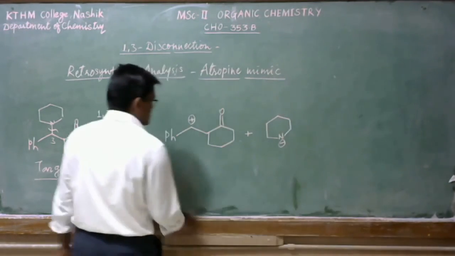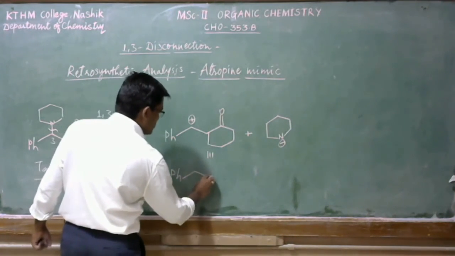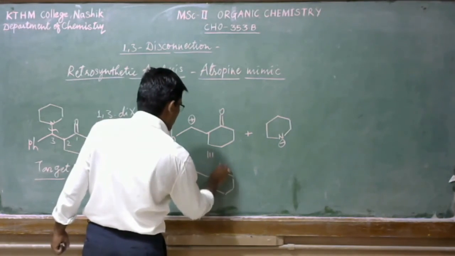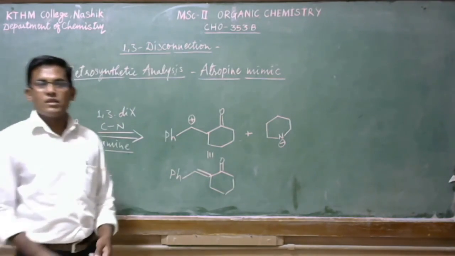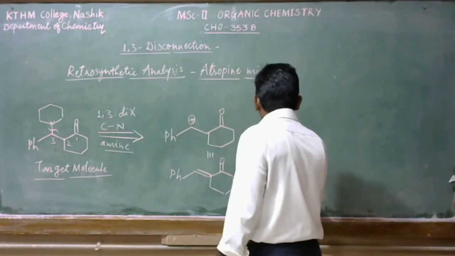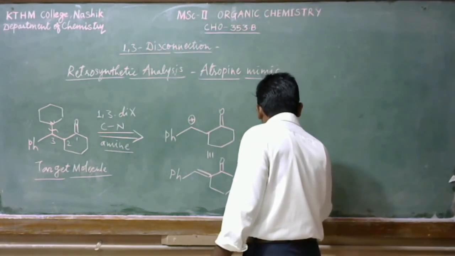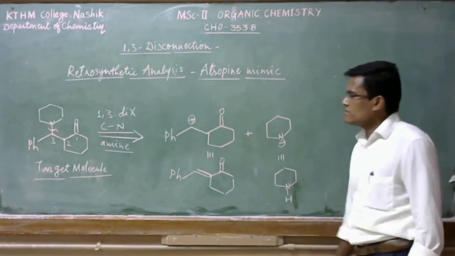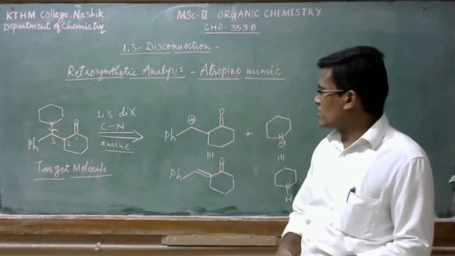So let us translate these synthons into chemical equivalents. This will become the alpha beta unsaturated carbonyl compound, and this can be the pyrrolidine. Okay. So this is the simple retrosynthetic analysis for this particular target molecule.